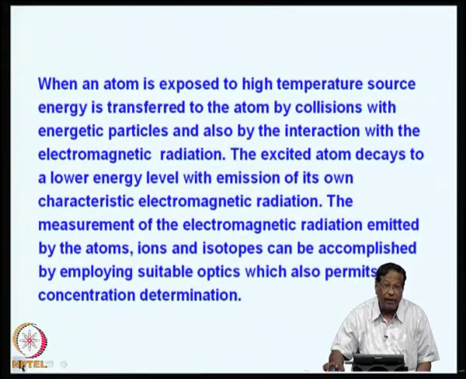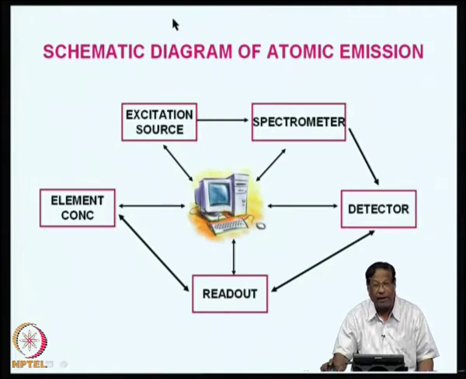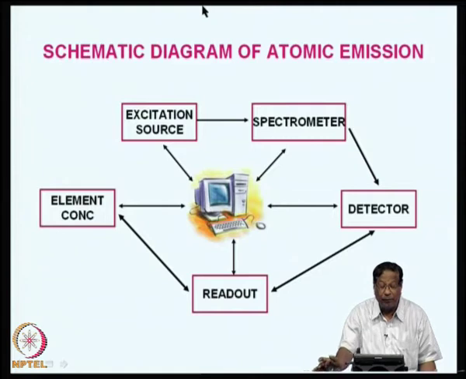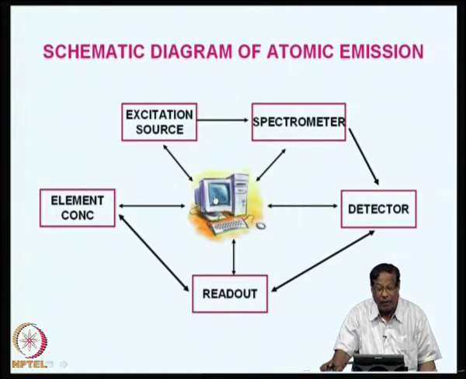Now, I am showing you here the schematic diagram of atomic emission. The center area represents a microprocessor, and it is controlling the excitation source and spectrometer, and this consists of the optics part and detectors.